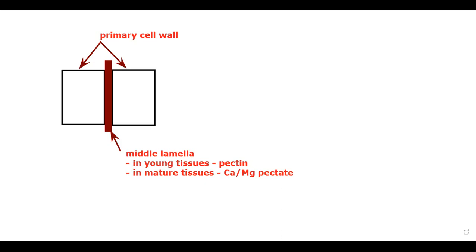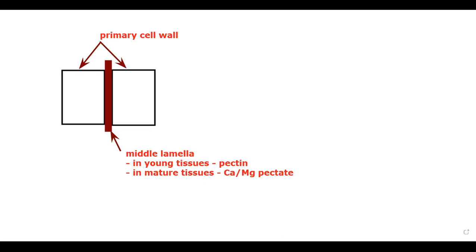Primary cell wall is comparatively flexible and primary cell wall is permeable. Permeable means any material can go through the holes in the primary cell wall. But when you come to the secondary cell wall, suberin, lignin-like materials are fully sealing the spaces.